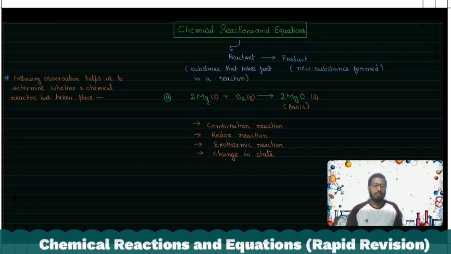Okay, now how can we prove this is basic in nature? We can take the help of the indicators which are there in your second chapter. How many indicators are there? We will discuss every indicator. First one is litmus.